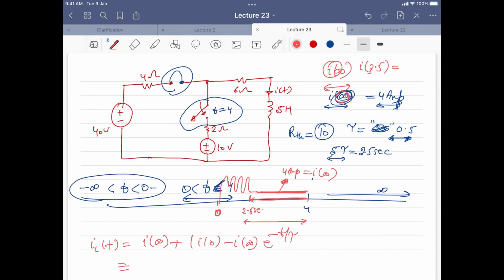I infinity is 4 amperes, I0 is already 0, I infinity is again 4, and tau we have calculated as 0.5. So this comes out to be 4 times 1 minus e to the power minus 2t amperes. This is the current you will have in the 0 to 4 time limit.